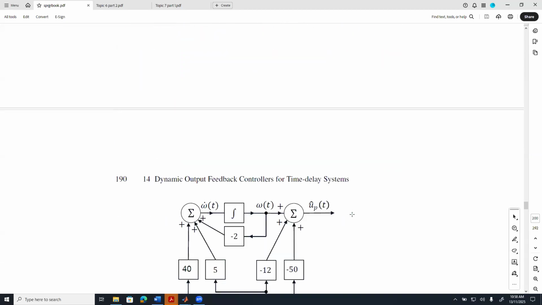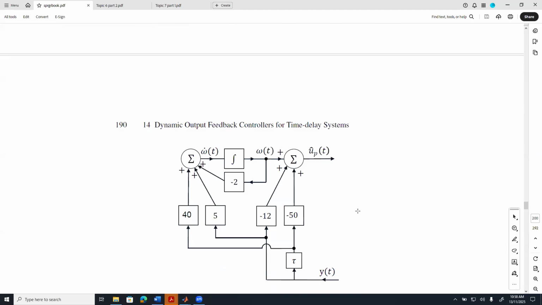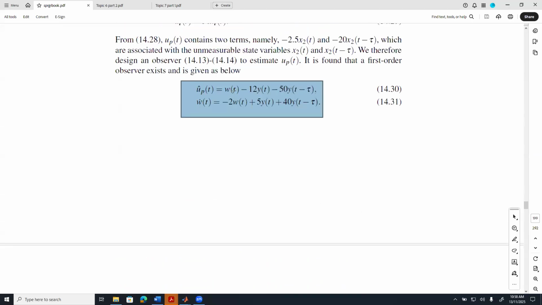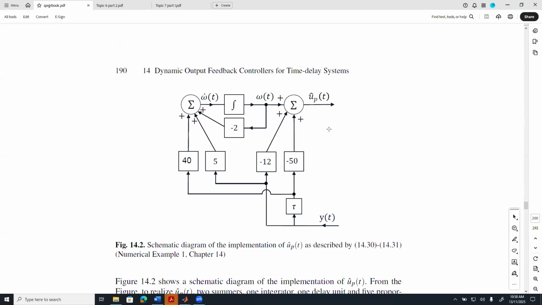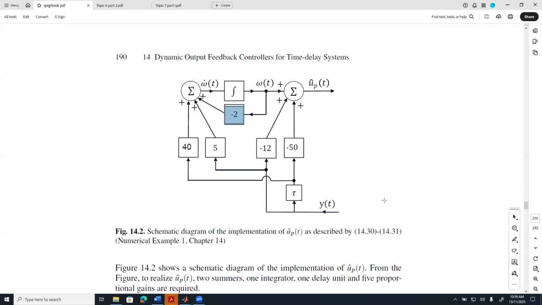And when we look at the actual implementation of it, so when we want to realize this generalized functional observer, it's shown in here. And so we take the output measurement. This is just one. And then we delay it by tau. And then we have 1, 2, 3, 4, 5 proportional gains.